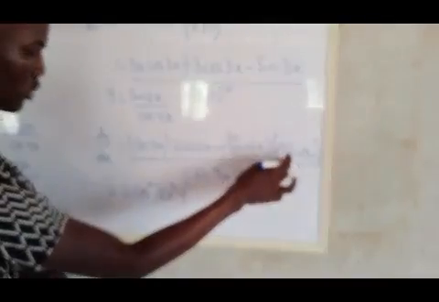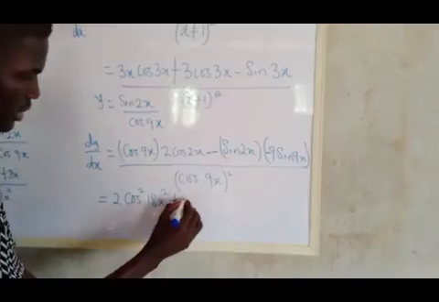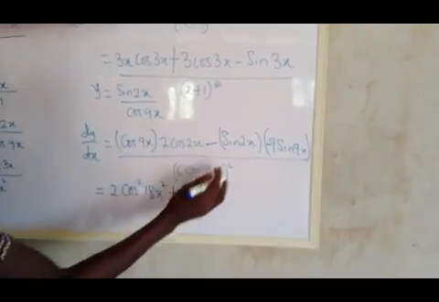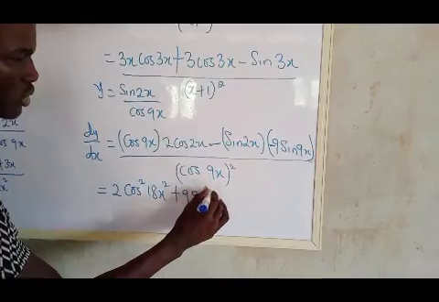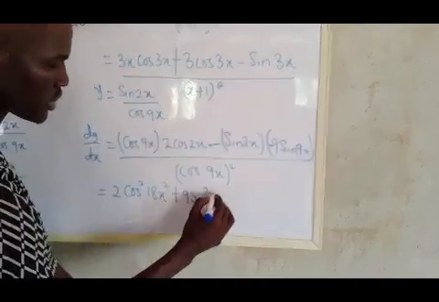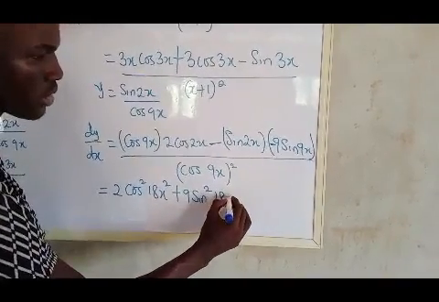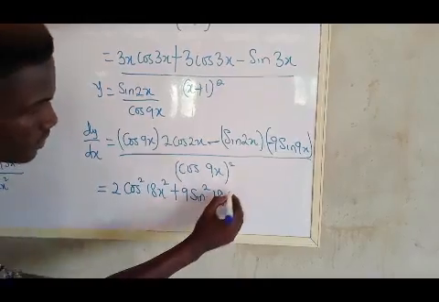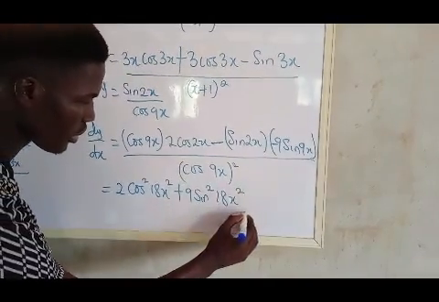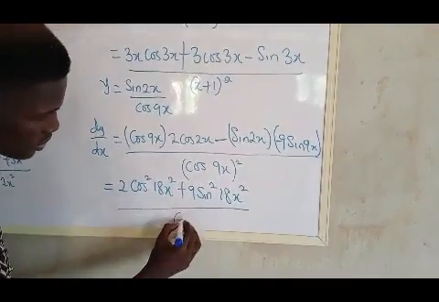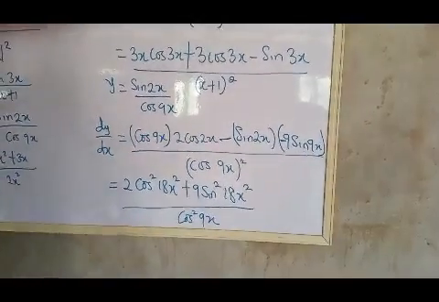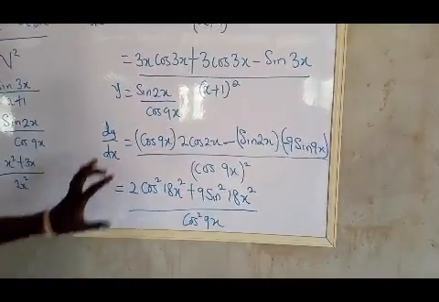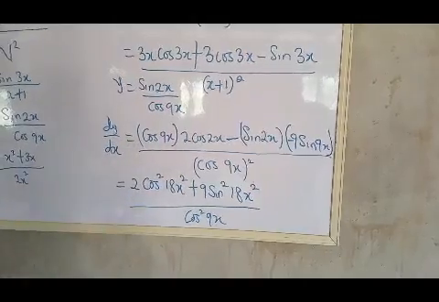So this one too will become 9 at the back, then sine times sine will give sine squared. This times this will give 18, all over cos squared 9x. So do you get that? This is what you are going to have here.